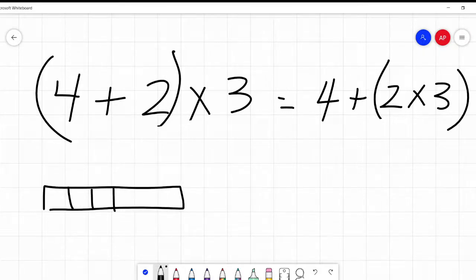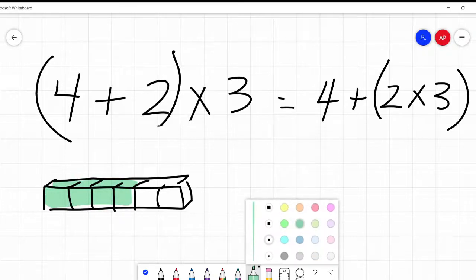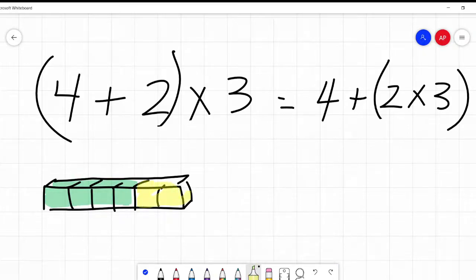This first one is saying, we've got essentially, it didn't make the mark. I made the mark. It didn't register it. Okay, then I've got 4 blocks and 2 blocks, and I've added those together, 4 and 2, and then I want to have 3 of those.